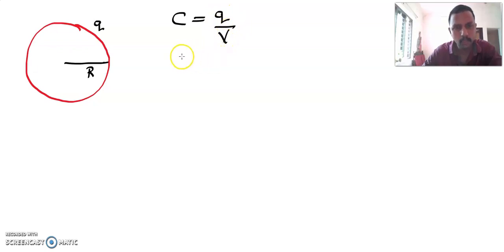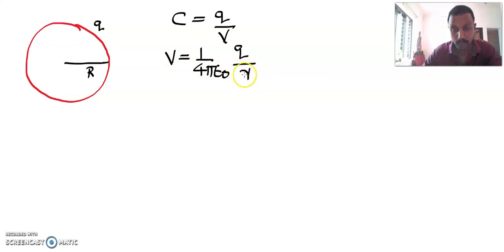Then can you recall the potential due to a spherical conducting shell? You might have learned potential due to a charged spherical conducting shell as 1 by 4 pi epsilon 0 Q by R. That is learned in the topic before capacitance, that is potential on the surface of a spherical conductor.